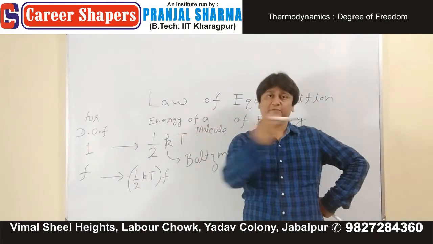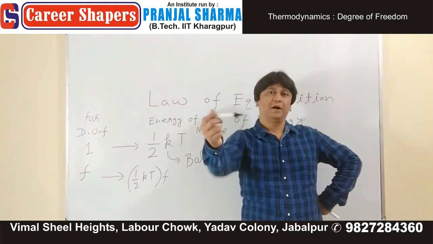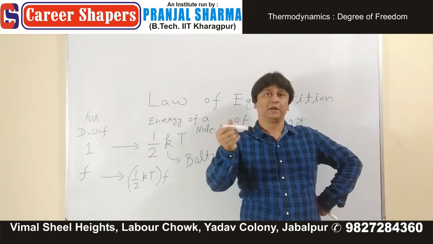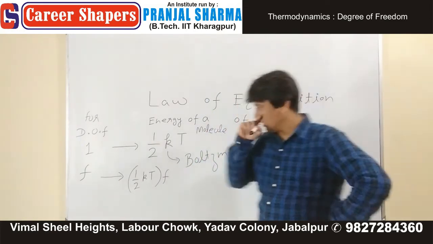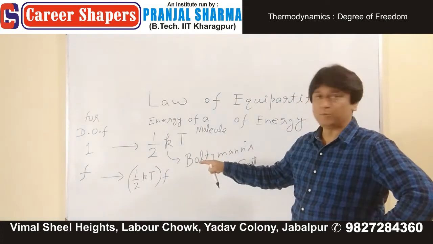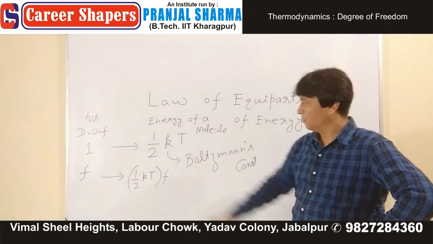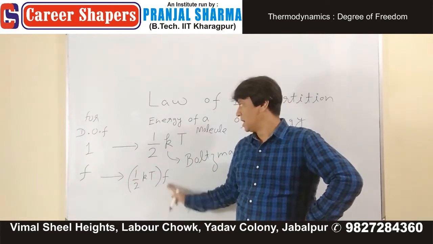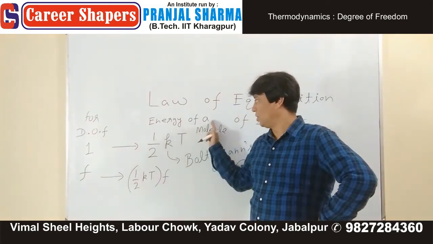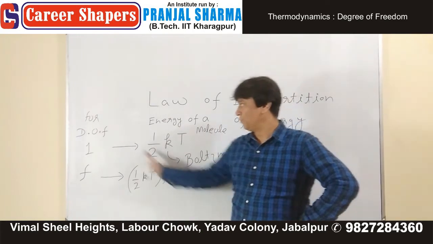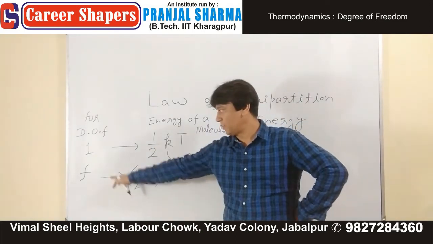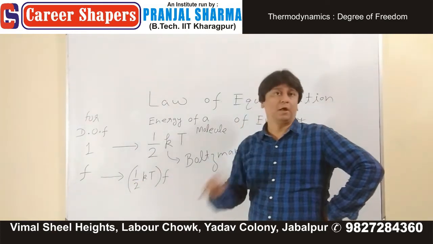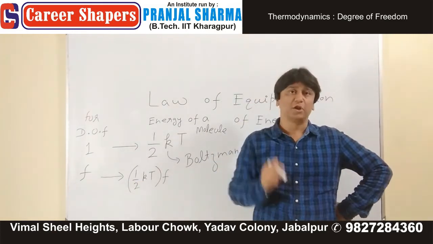The remaining is negligible. So, for F degrees of freedom, you've got half kT multiplied by F. What is this? Energy of a molecule for F degrees of freedom. So this is basically energy of a given molecule.